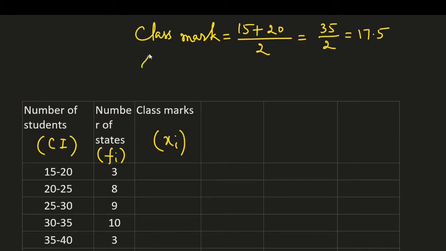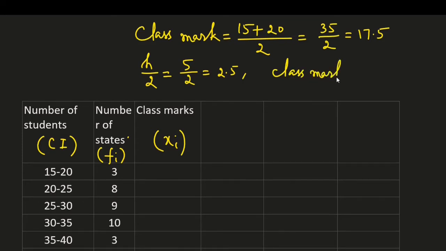In this way we can find class mark, or we can find in another way. First we have to find half of class size. Class size is 20 minus 15, so 5. Half of class size is 5 by 2. It is 2.5. Add this half of class size to lower boundary. We'll get class mark.